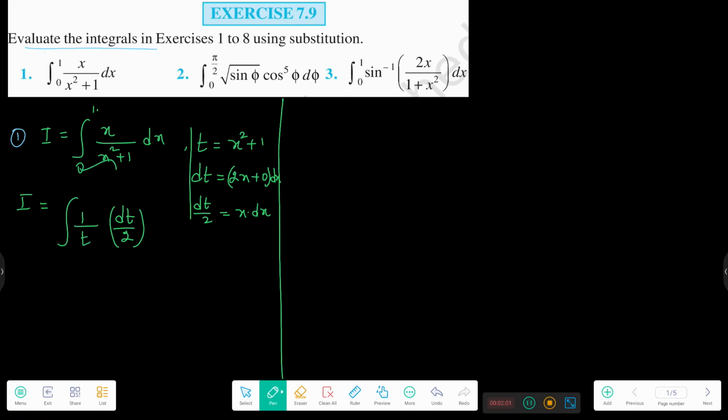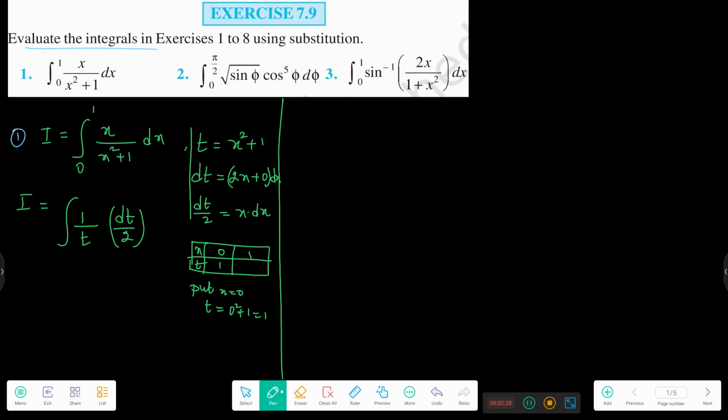But what about the limits? We didn't convert the limits, am I right? So you should convert the limits in terms of t also. The x values 0 and 1 are given. Put x equal to 0: t equals 0 square plus 1, equal to 1.